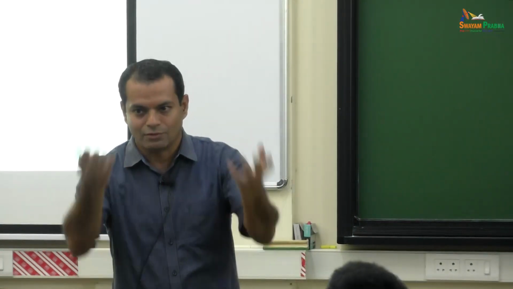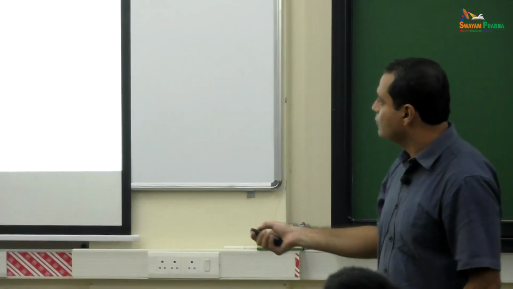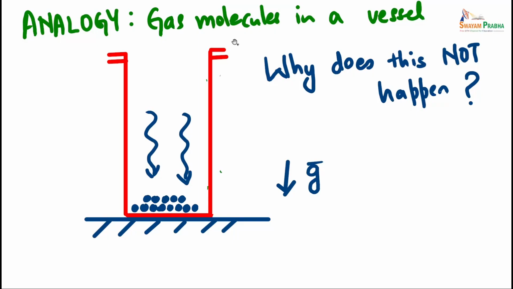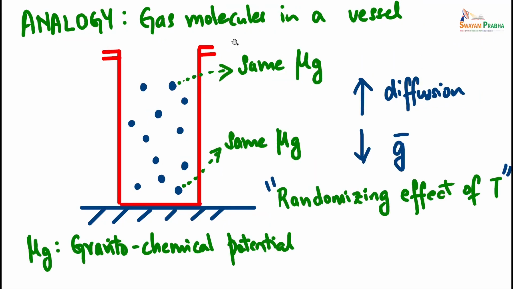They could, to lower their potential energy. Everything falls under gravity. But that doesn't happen with gas. There are two forces. The gravity pulls it down, but their tendency to diffuse takes it up. And that's the randomizing effect of temperature.